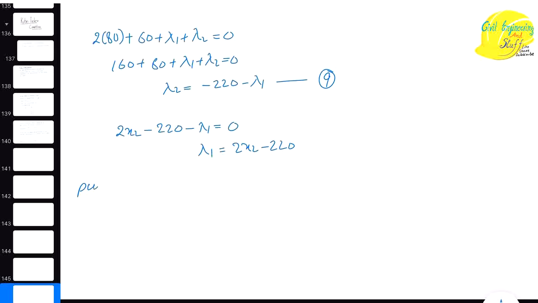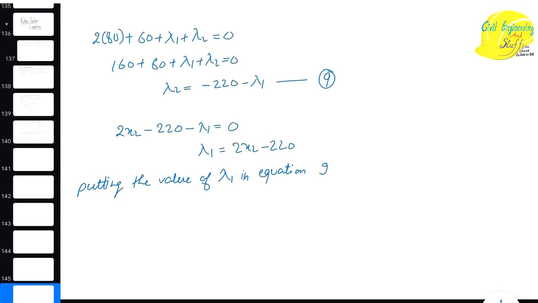Putting the value of lambda 1 in equation 9.